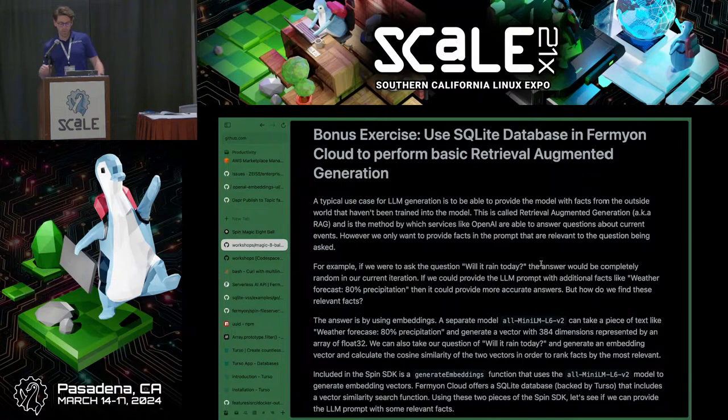So the way that we're going to try to do this, and I've built this demo before, but I don't have the code 100% ready right now, so it's going to be a little bit of an adventure, is we'll go through a list of facts. And then we will generate an embedding vector for each of these facts.